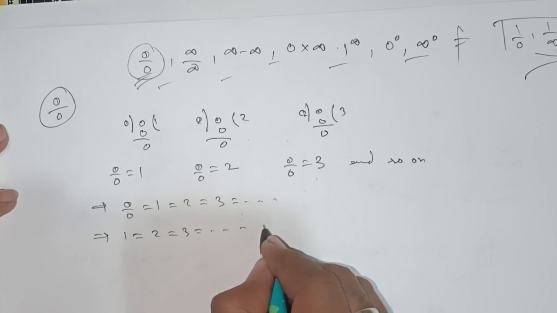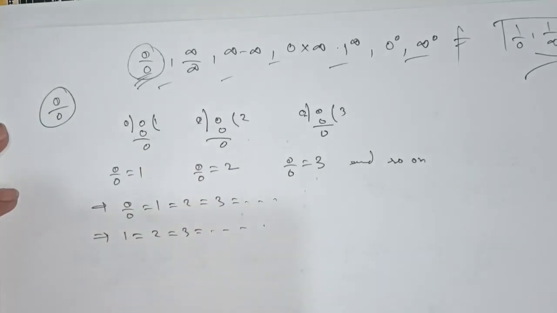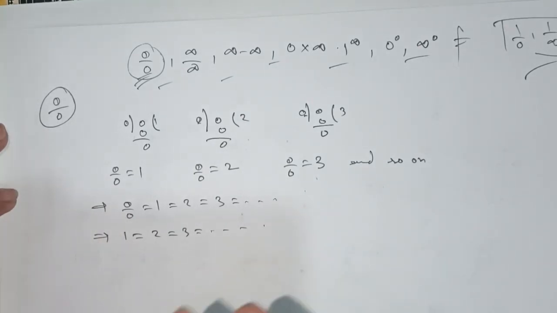That means this 0 by 0 has lots of values, not only one, more than one value. So that is what indeterminate means. You cannot determine. You have the values, but you cannot take any one.